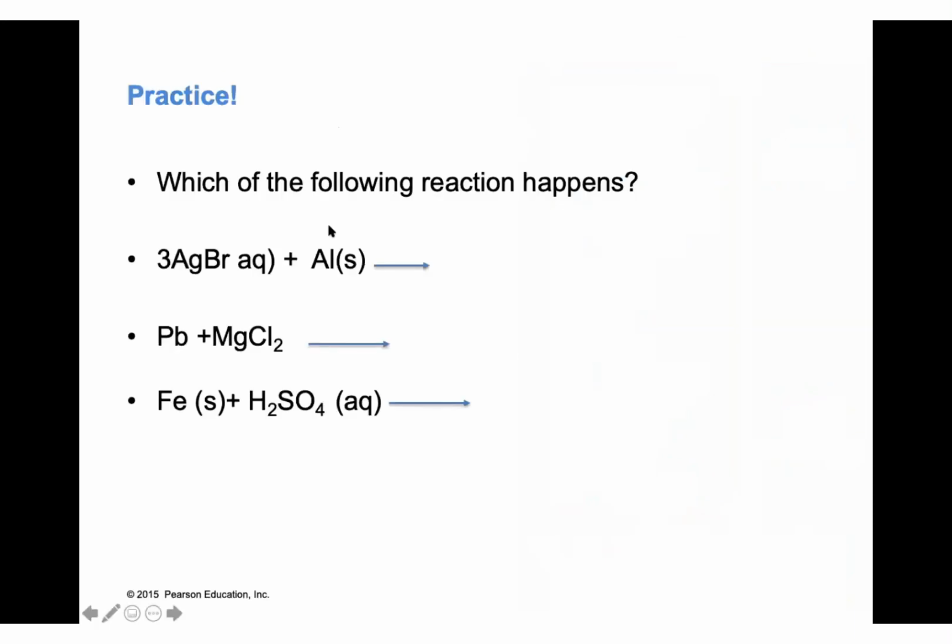Okay, guys, which of the following reactions are happening? Let's see. Please pause here and see if we can do them. Okay, I have Ag. I said we should look at the metals here, or positive charges. Ag and Al.